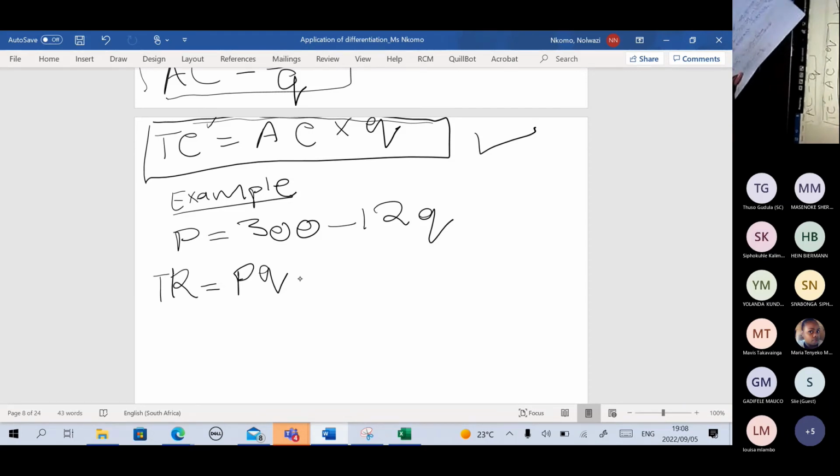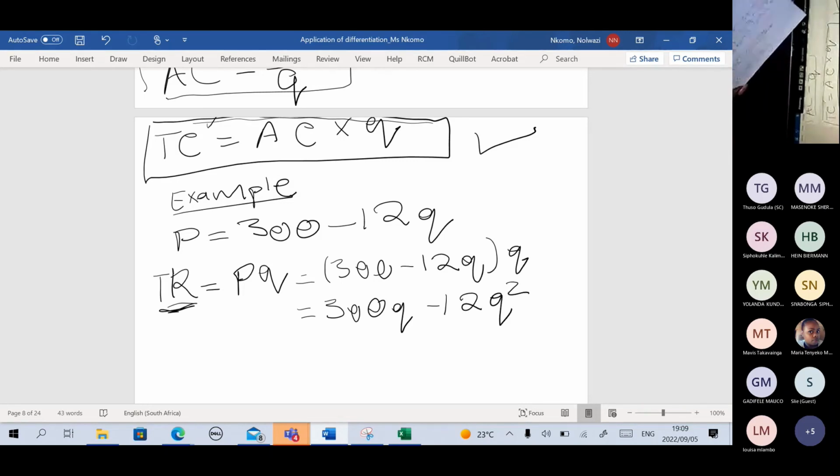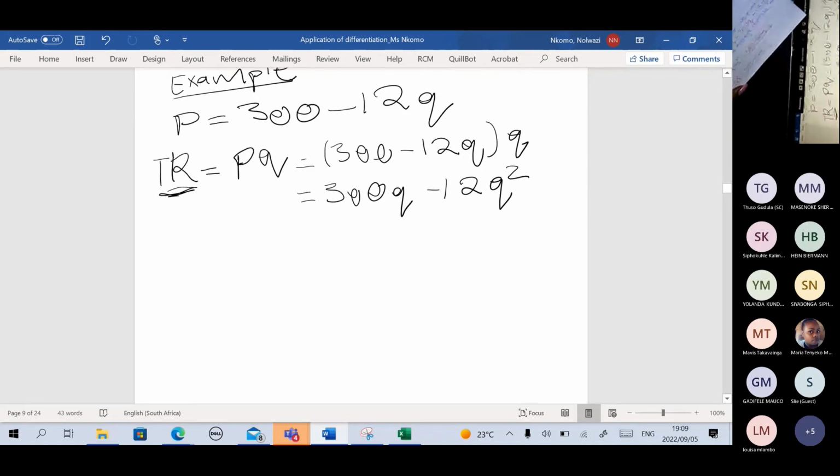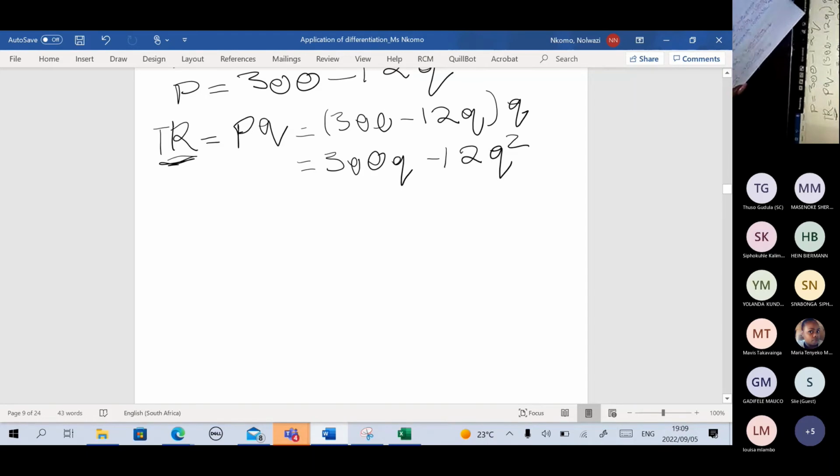So this means the total revenue in this case would be 300 minus 12Q times Q, right? This means our total revenue would be 300Q minus 12Q squared, right? Okay. Remember our first section today was to find the marginal revenue, right? And we said the marginal revenue is the derivative of the total revenue with respect to Q, right?